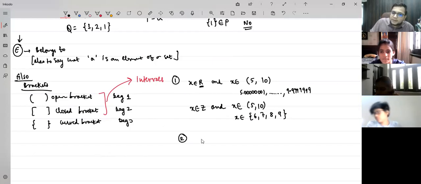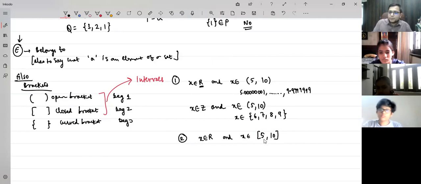The second type of bracket that we understood was x belongs to R and x belongs to, let's say, [5, 10]. What is the difference this time? We close. These include 5 and 10 as well because the bracket says so. That is the representation of these brackets, right?